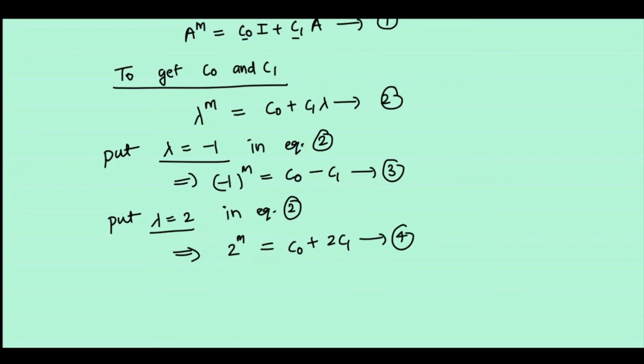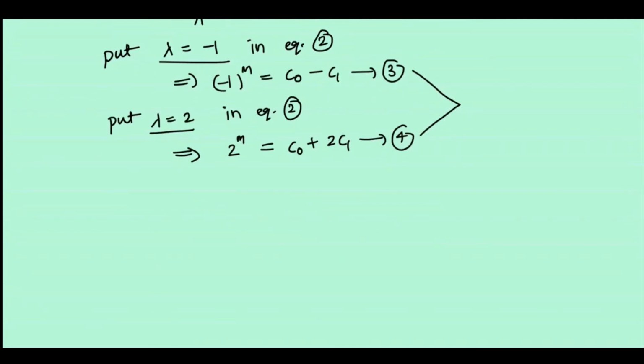Now, solve equations 3 and 4 to get the values of C0 and C1. Equations 3 and 4 are two equations in two unknowns, and we can solve these by any method. Get the values of C0 and C1 and substitute in equation number 1. So we can compute A raised to m for any value of m.